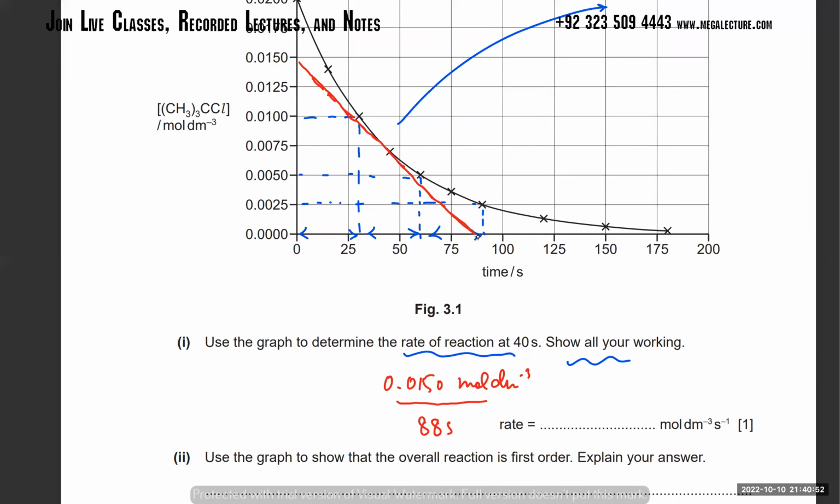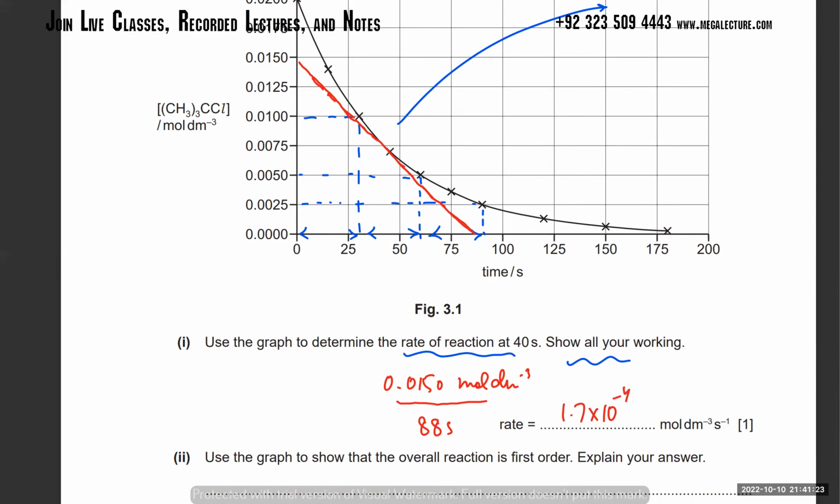So what do we get for this? It is 1.7 times 10 to the power of negative 4 mole per dm cubed per second.